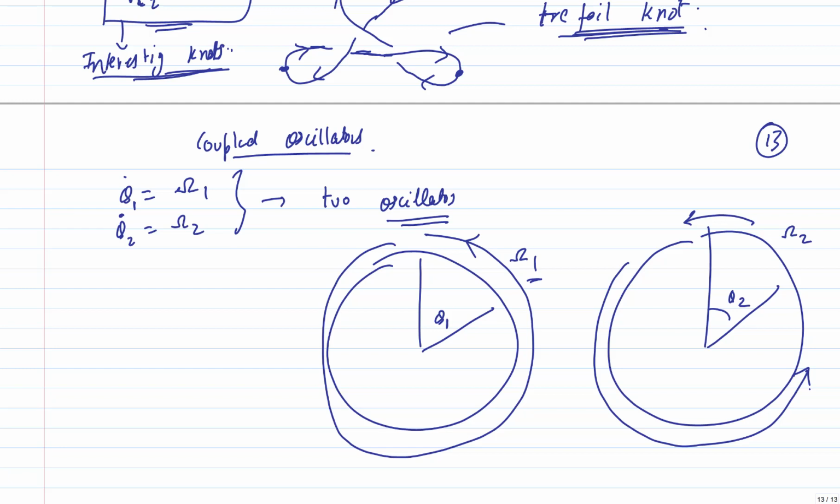So these are two oscillators, and this map means that essentially they are independent of each other. They are like two independent runners on a track.